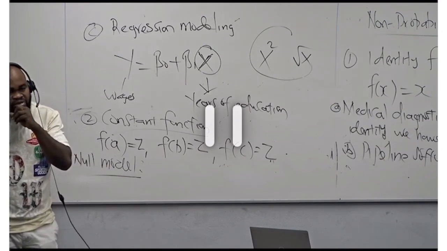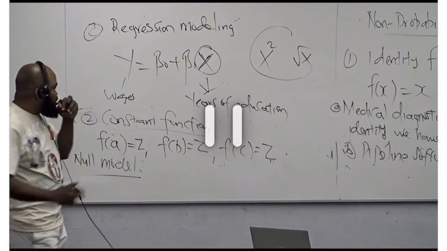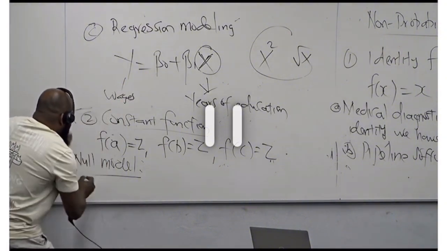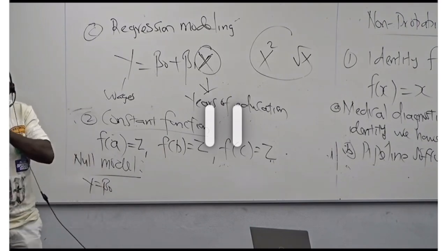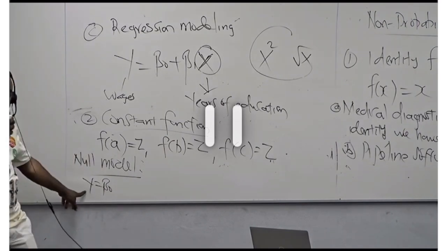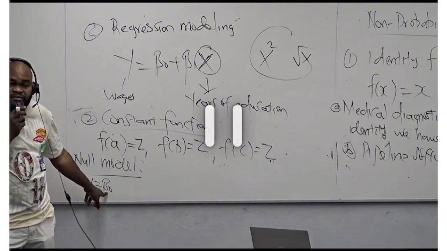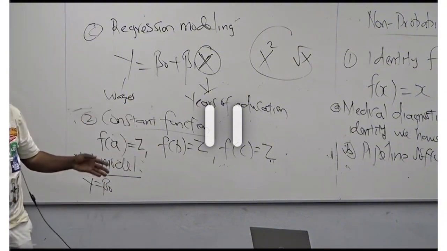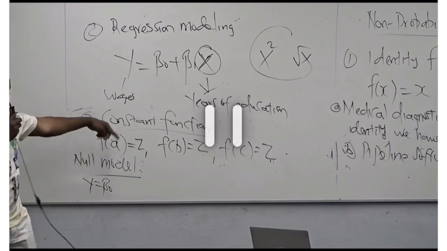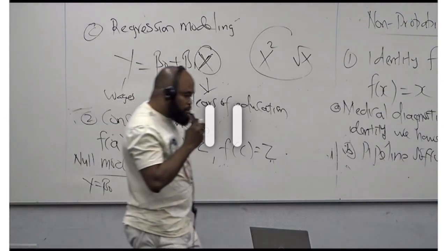Then in that regard, you are using a constant function. In that case, y is going to be equal to the intercept. That makes sense? Y, the response variable, will be equal to the intercept. The response variable is not related to any predictor. We actually use the constant function as a null model.